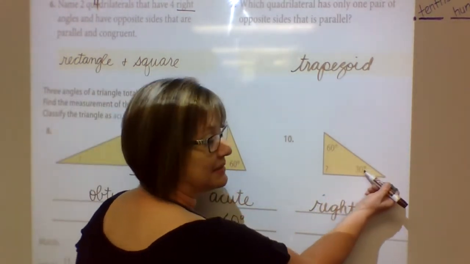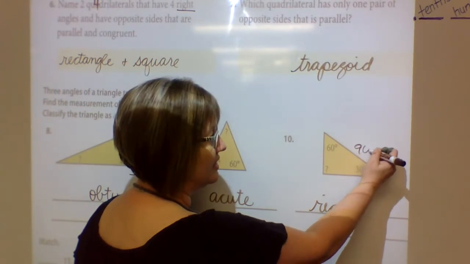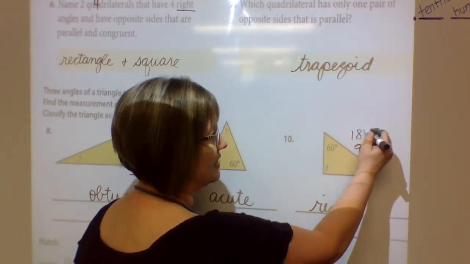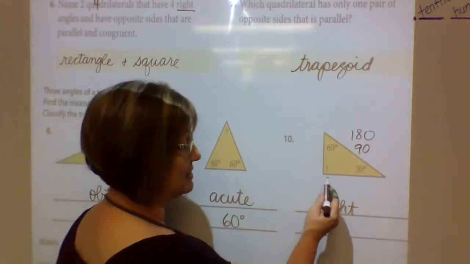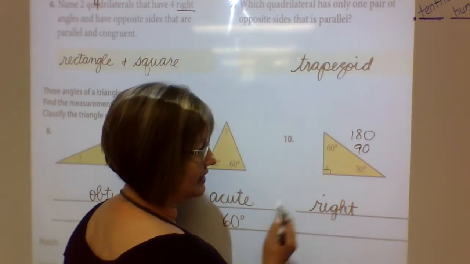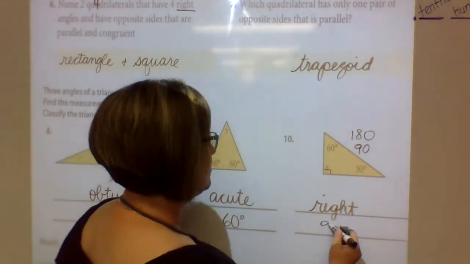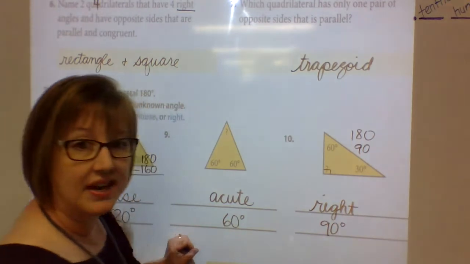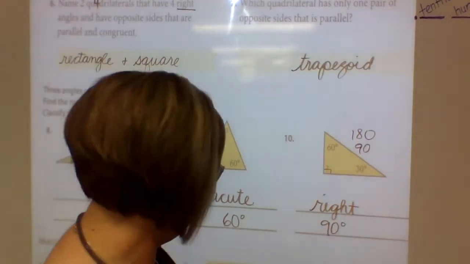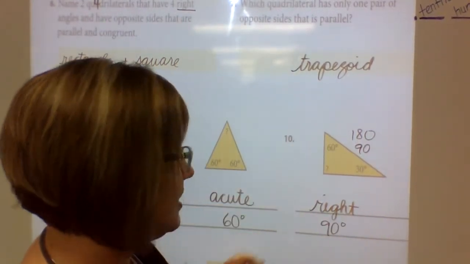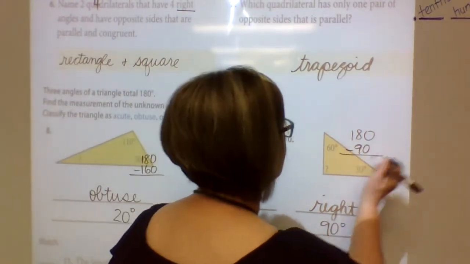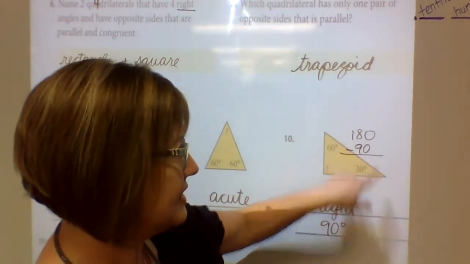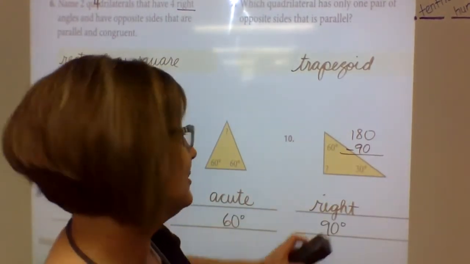And this is 60 plus 30 is 90. 180 minus 90 is 90, but you should also see that this was a square corner. So you should have known right off the bat that one is 90 without even having to do the math. But if you were confused, this is the other way to do it. Do 180 minus 90. 60 plus 30 is 90, and that would have given you 90 also.